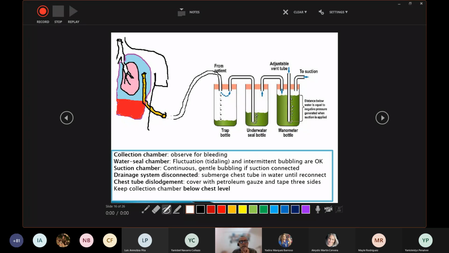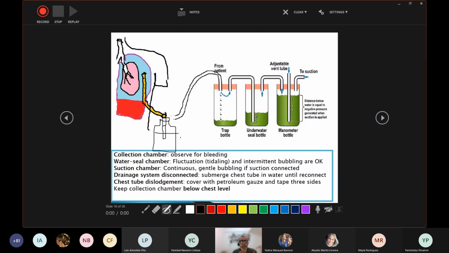If those tubes become disconnected, the first thing you need to do is introduce this tube that is hanging there inside a bottle with sterile water or normal saline, so it is going to be submerged underwater.